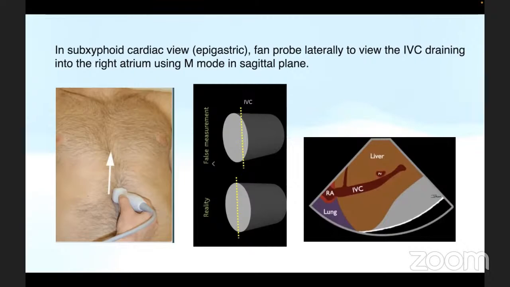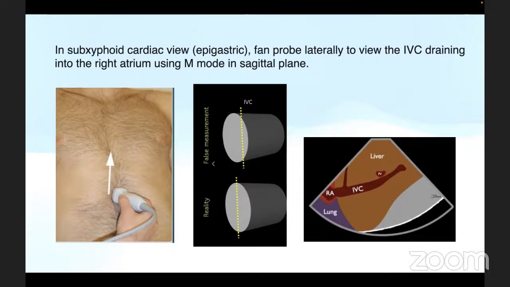In the center, we can see 2 cylinders with different lines being drawn through them. This is something called the cylinder effect. For beginners who are trying to look for the IVC, we may fall prey to the cylinder effect, where you may not be visualizing the entire IVC because you are towards one margin and you feel that the IVC is of lower size comparatively.